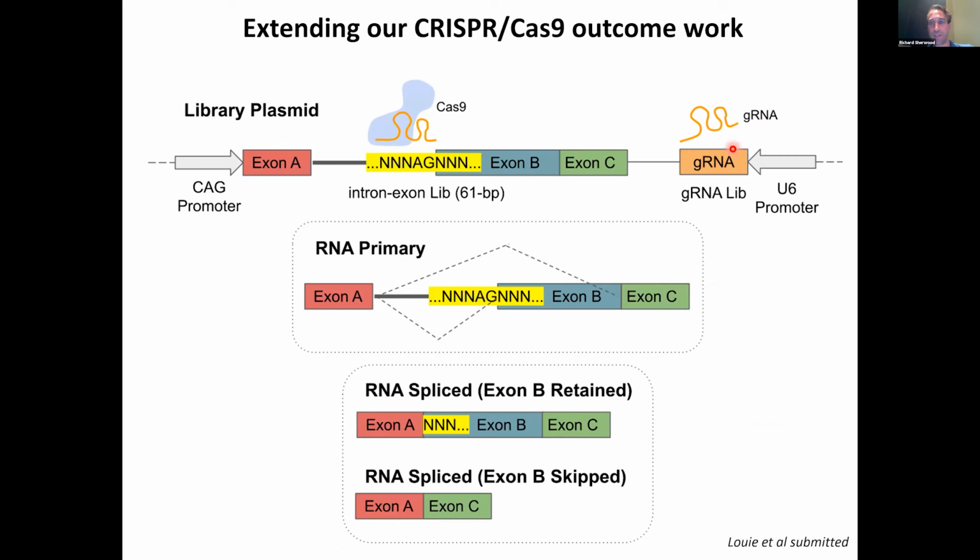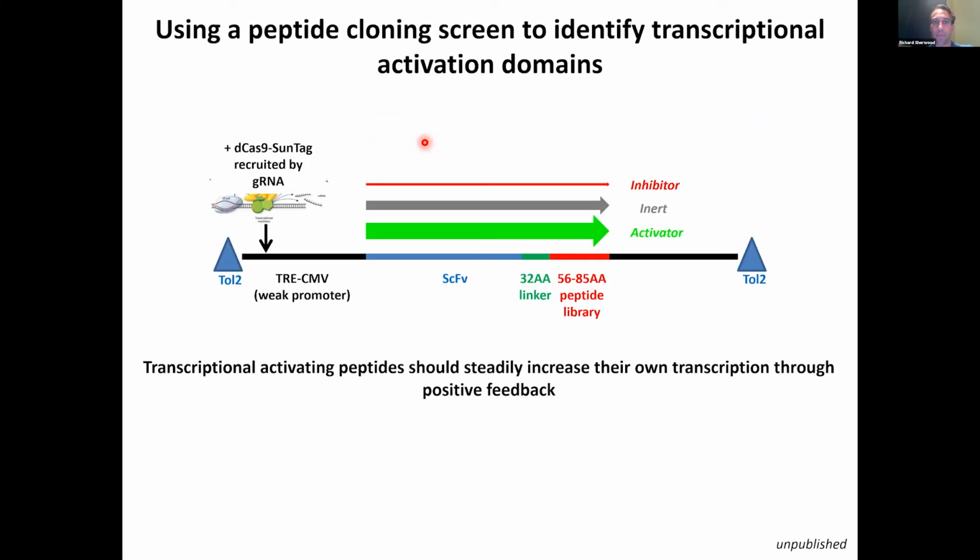We have a fixed guide RNA and a fixed target sequence, but that target sequence is in the context of a splicing reporter system that allows us to ask what happens when you use CRISPR-Cas9 to disrupt a splice site. So again, having these abilities to do fancy cloning has really enabled us to ask questions that people couldn't ask before.